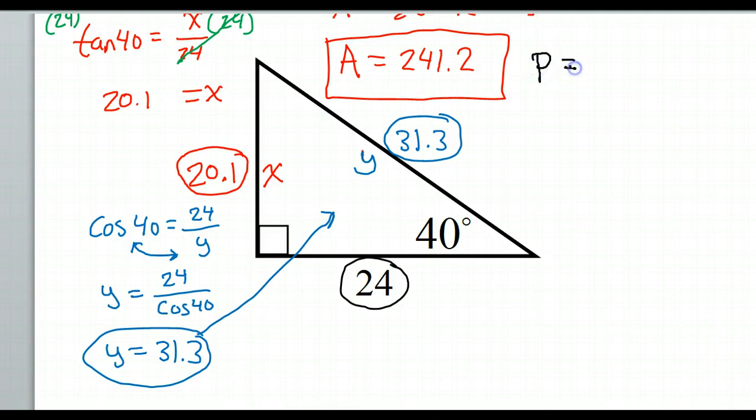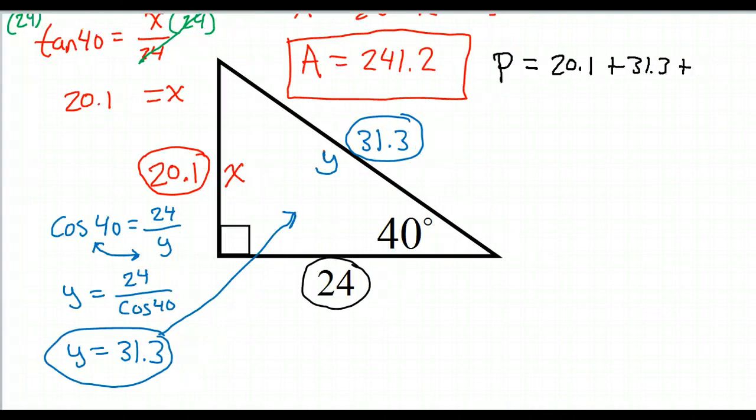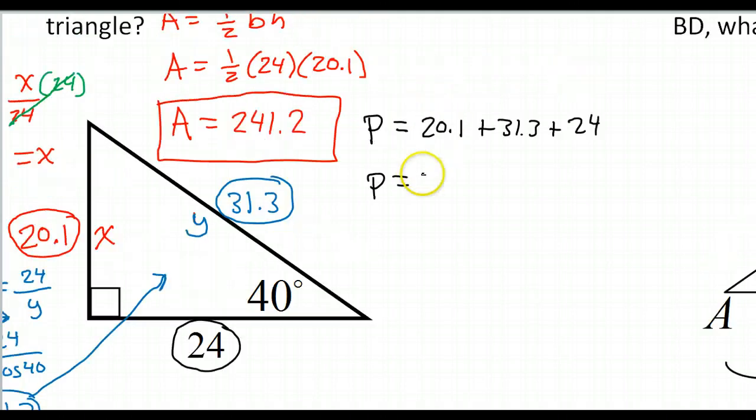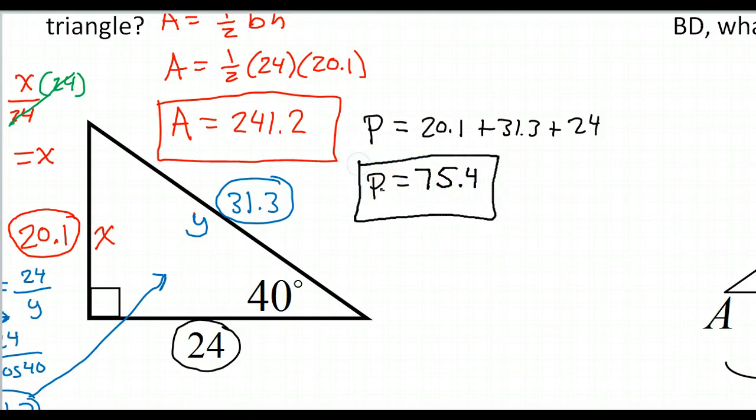So the perimeter is going to be 20.1 plus 31.3 plus 24. Okay, I'm just going to put all that in my calculator. And that turns out to be 75.4. So that is the perimeter.